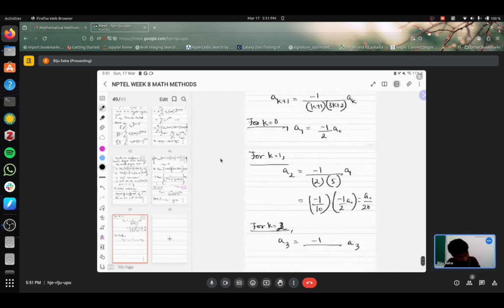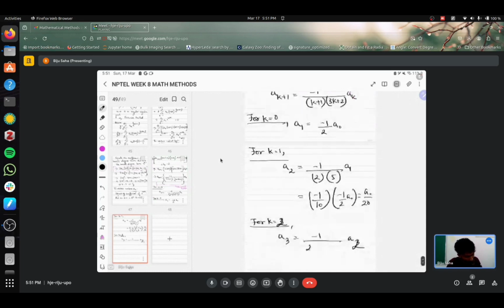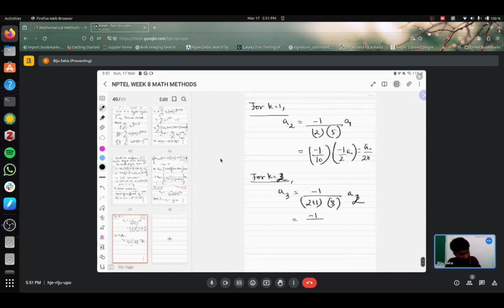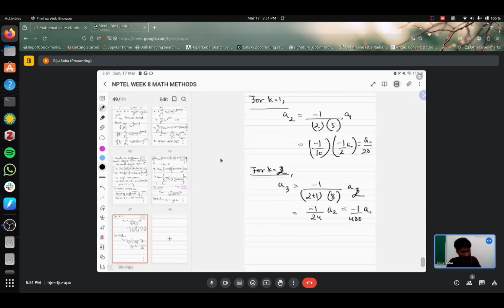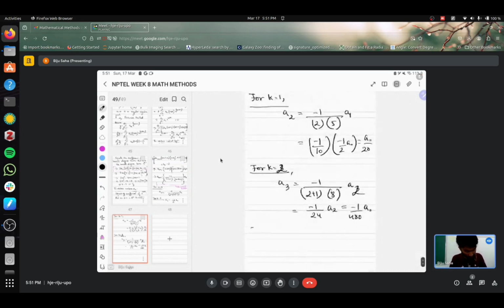So from here, for m equal to 0, you have obtained the form of y1.